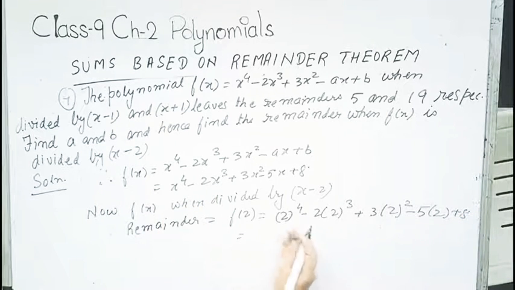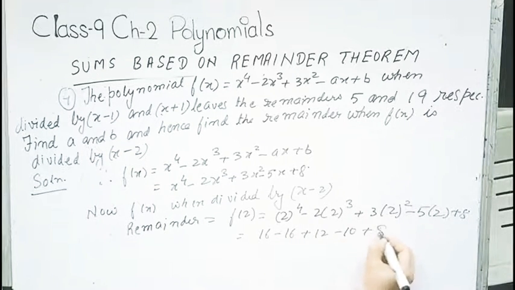So this will be equal to 16 minus 16 plus 12 minus 10 plus 8. Let us add these three. This is coming as 36 minus 26 equals 10. Therefore, f(x) when divided by x minus 2, the remainder equals 10.